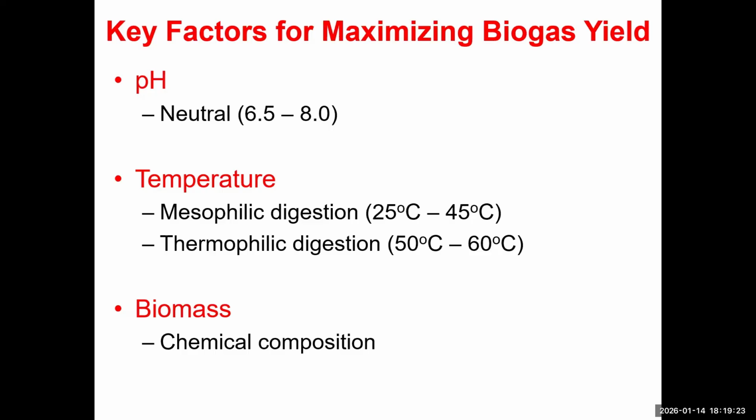So when the pH of your digester drops, it can actually inhibit those methane forming bacteria from producing methane. So that's why oftentimes you'll see manure placed in an agricultural digester with food waste, because that manure helps to provide a good buffering capacity to help resist changes in the pH in the digester.